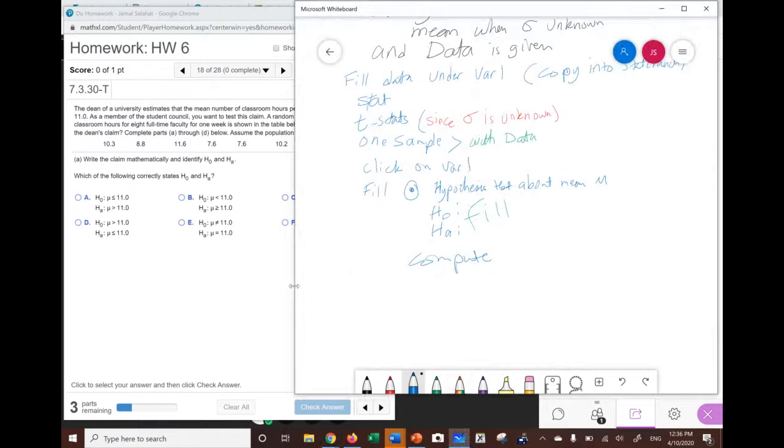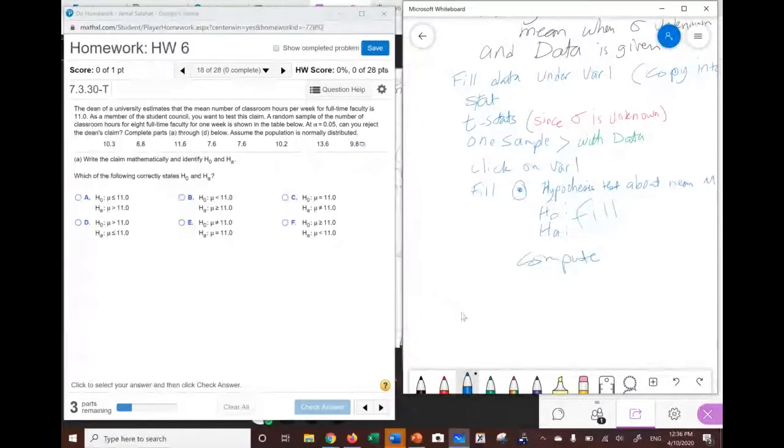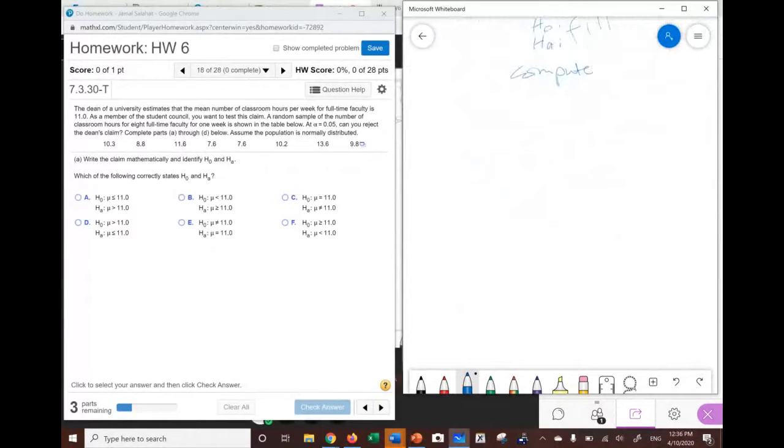Let me summarize what we have. We were told that the dean of a university estimates that the mean, so this is the mean problem. In number 18, we're talking about mu.